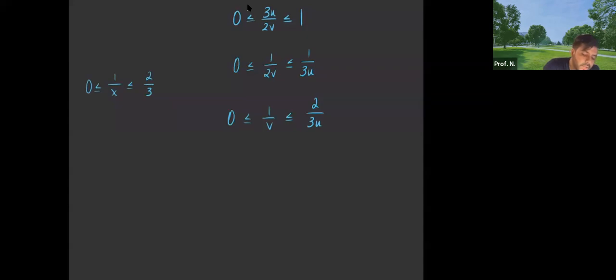So then what is x going to be between? And this can never be equal to 0, because you can never have a number here that will be equal to 0.